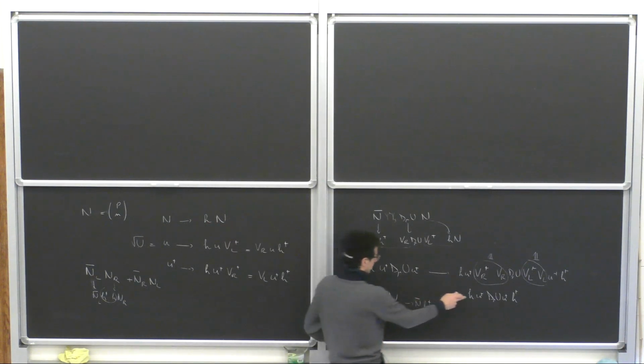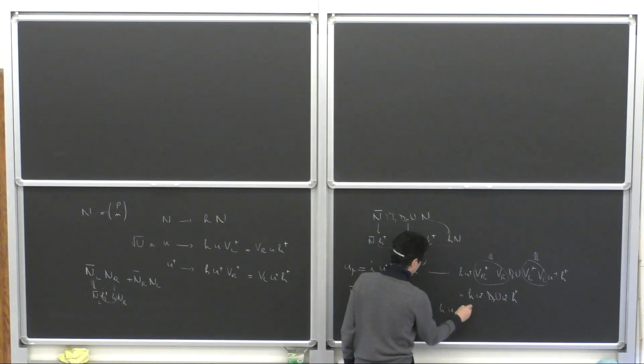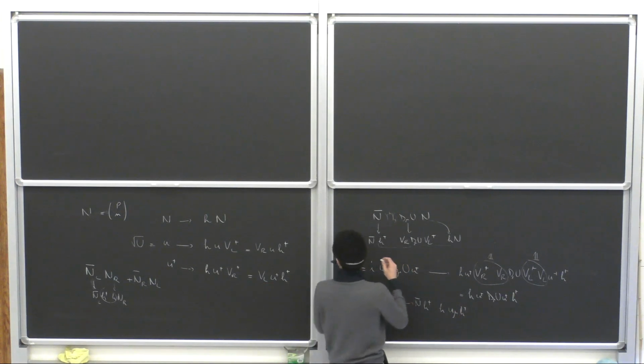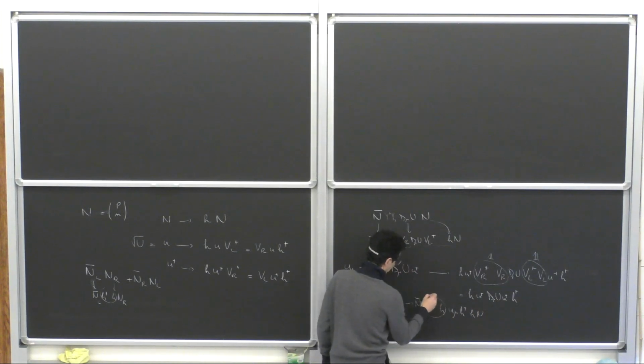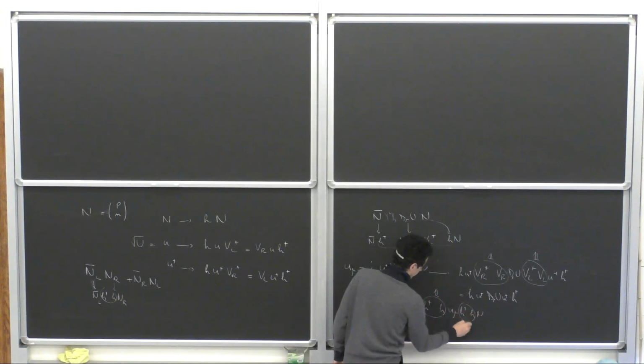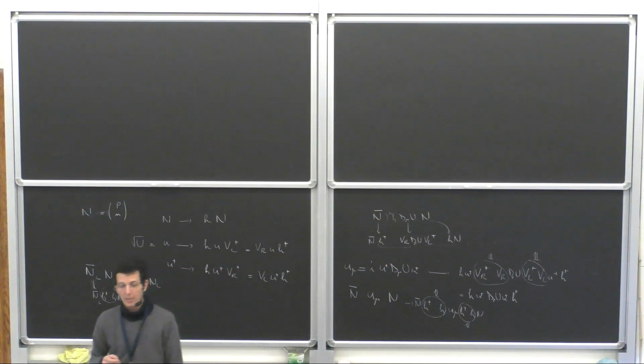Then this transforms covariantly, U mu H cross, and then the nucleon field, another factor of H N. So these factors are unity, and we have an invariant operator under the chiral symmetry.